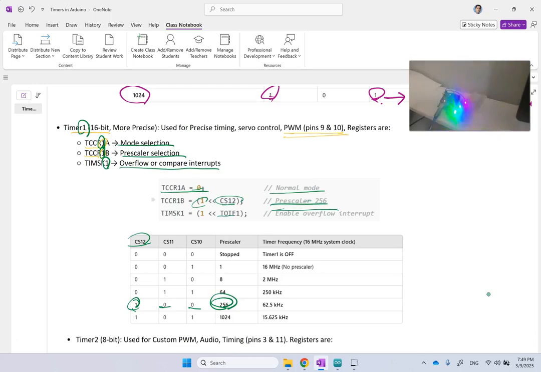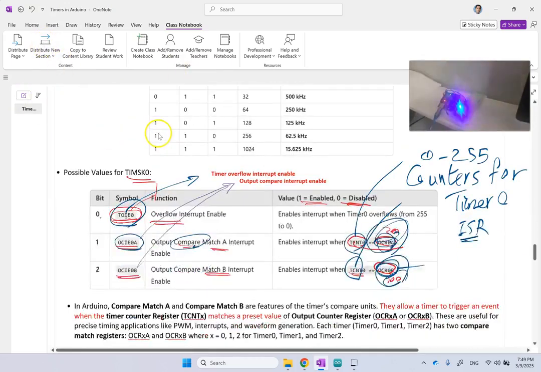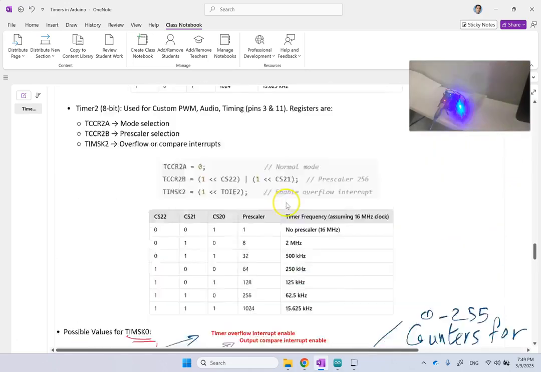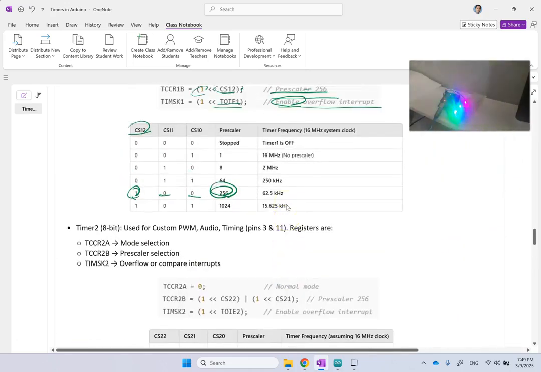And then I say put the overflow interrupt mode in enabled, and that is what? TOIE. If you remember, TOIE, I just mentioned, stands for what? You are right. TOIE, timer overflow interrupt enable. So just activate that so I can use it.